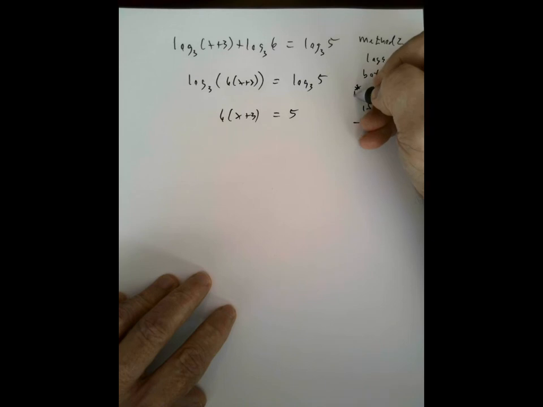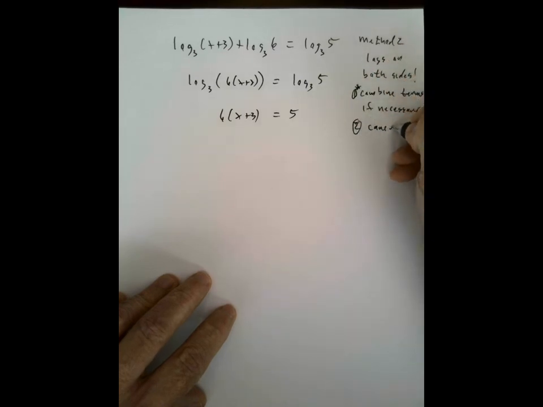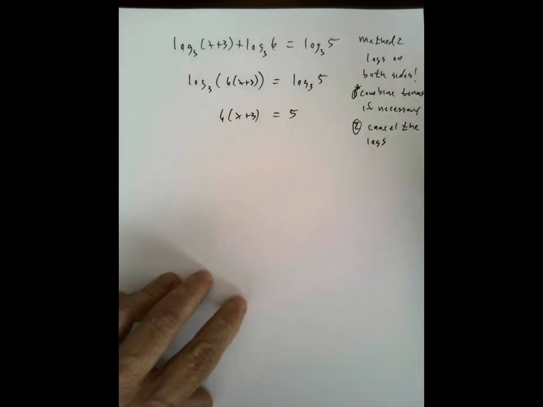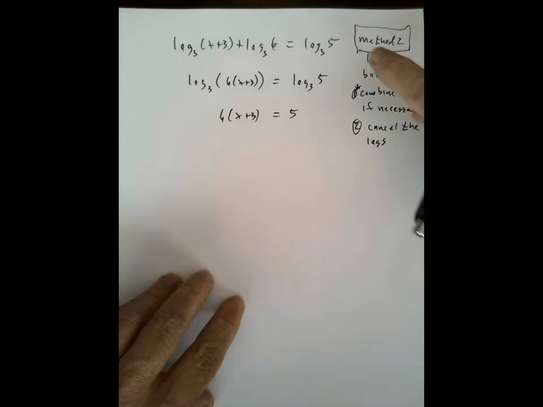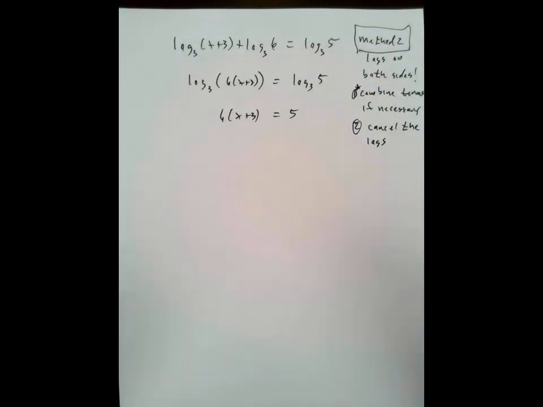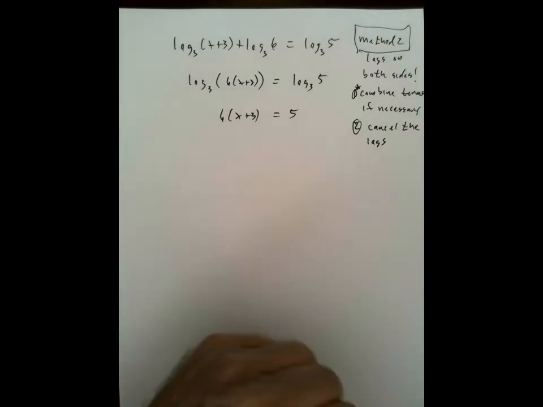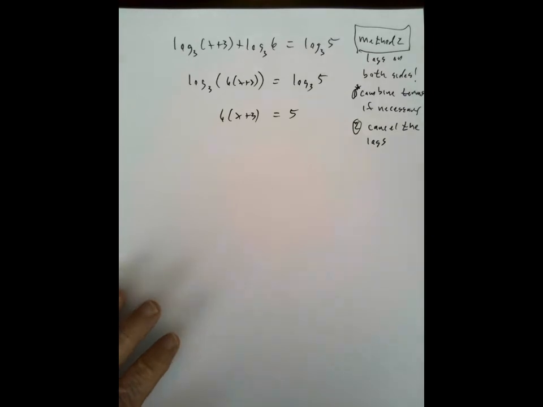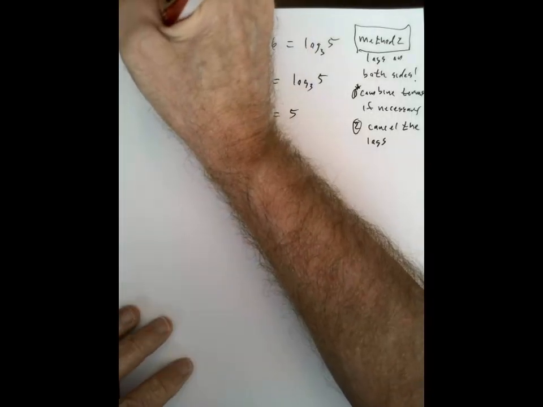And number 2, cancel the logs, leaving what's left. So this is method 2: if you've got an equation with a log on both sides, you combine them, they're both log base 3, so the interiors must be the same. I guess this was example 6.